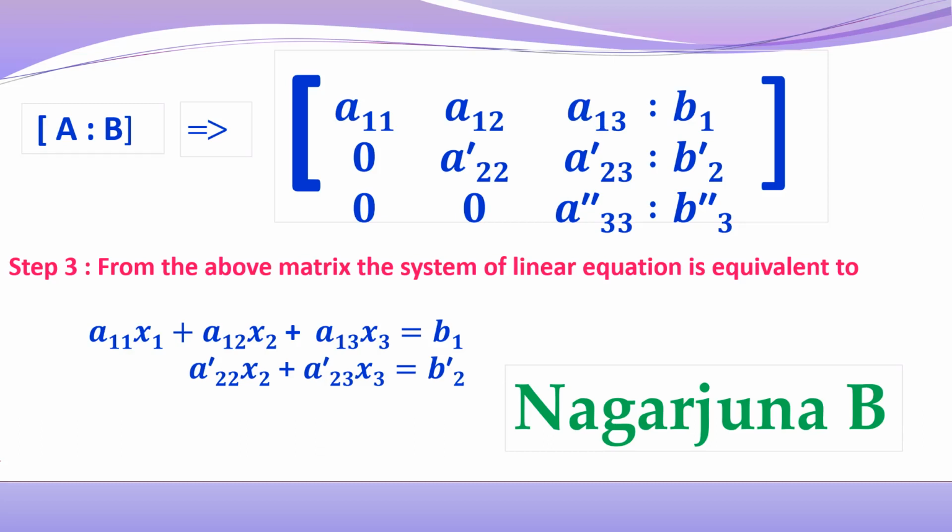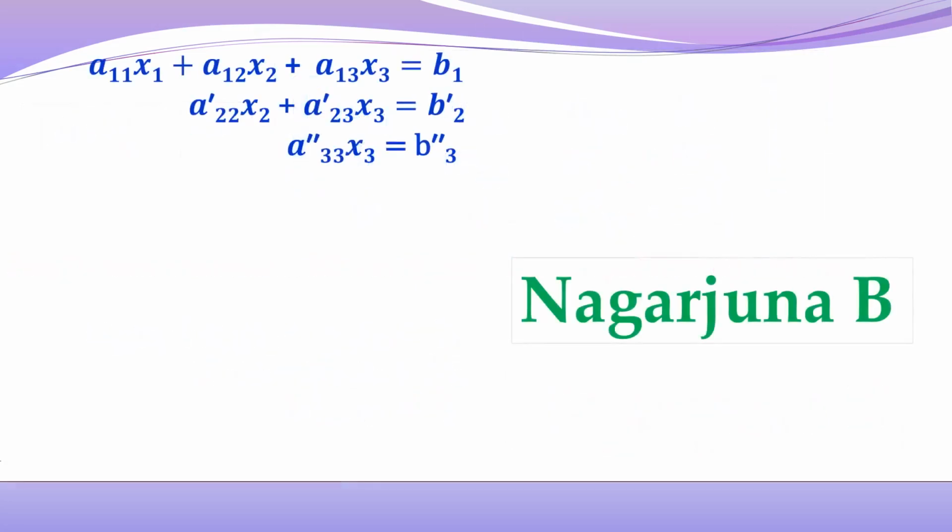The remaining we will write. Therefore equation 3 will be A33x3 equal to B3. These are the equations which we have got from the augmented matrix after step 2.